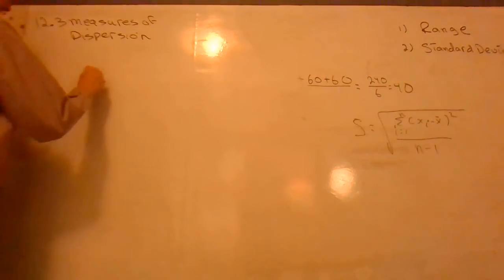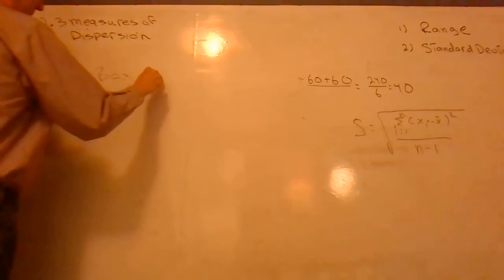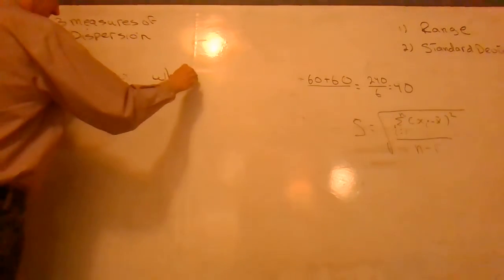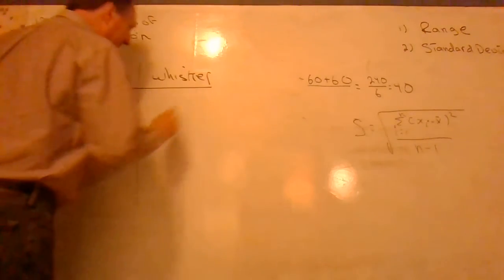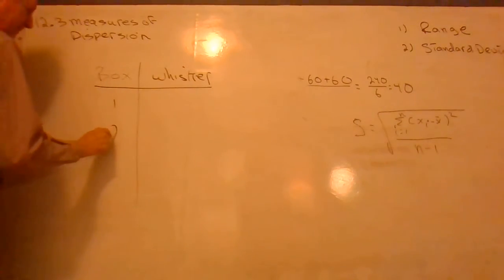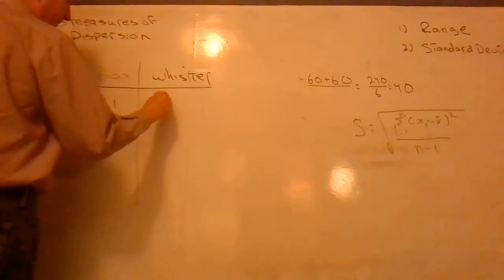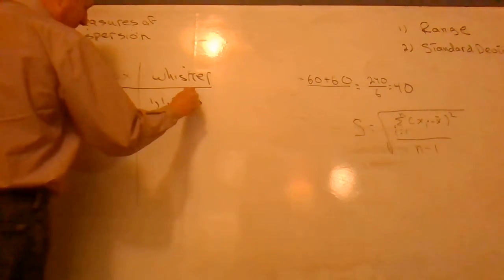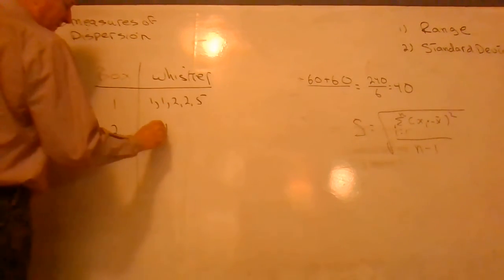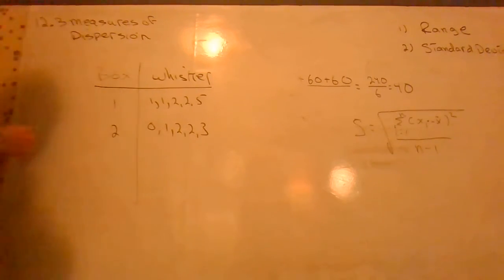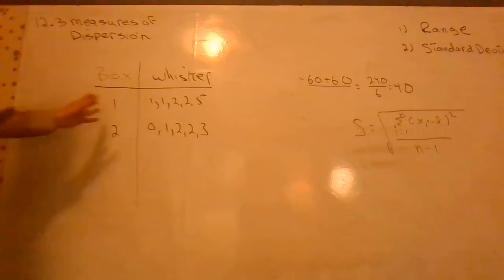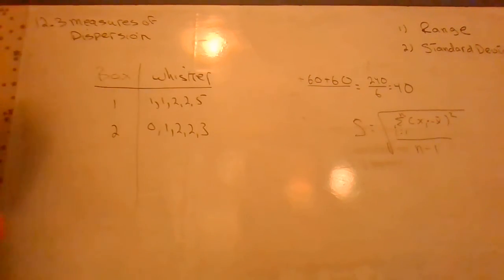There is something called a box and whisker plot. And this is just a way of grouping the data, giving a graphical representation of grouped data.